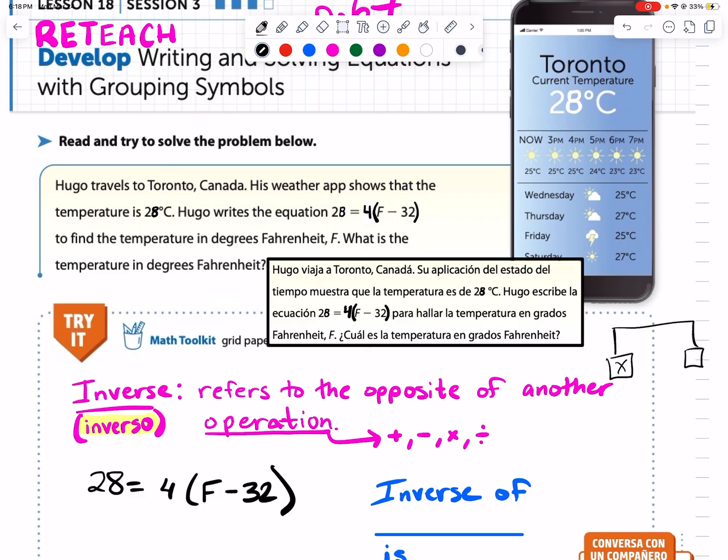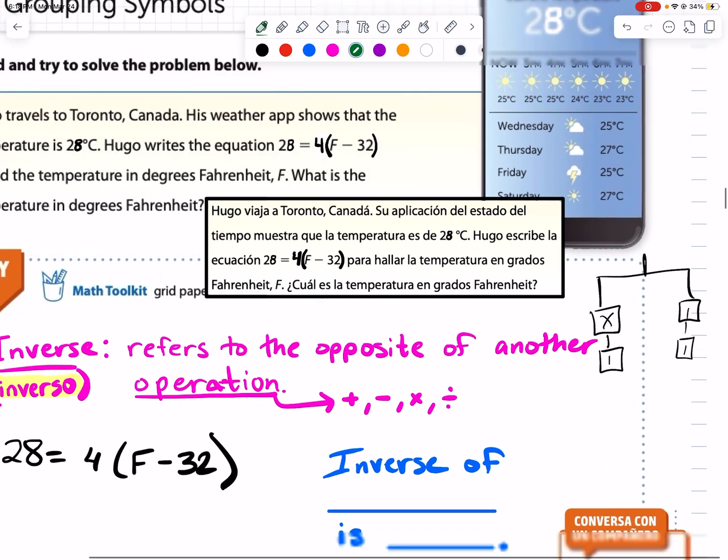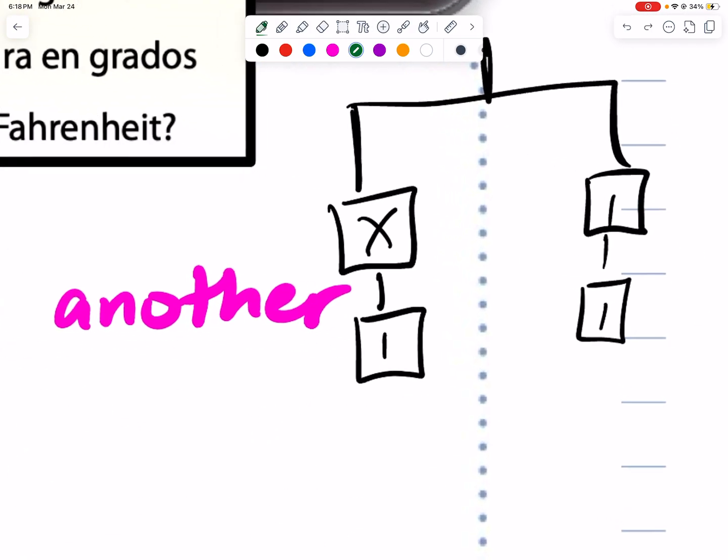Whenever we had an anchor chart, we would be doing the inverse constantly. It means that we're referring to doing the opposite of another operation. So if we have adding, we are subtracting. If we are subtracting, then we add. If we multiply, we are dividing to cancel it out. And we divide when we're multiplying. So we're doing the opposite of another operation.